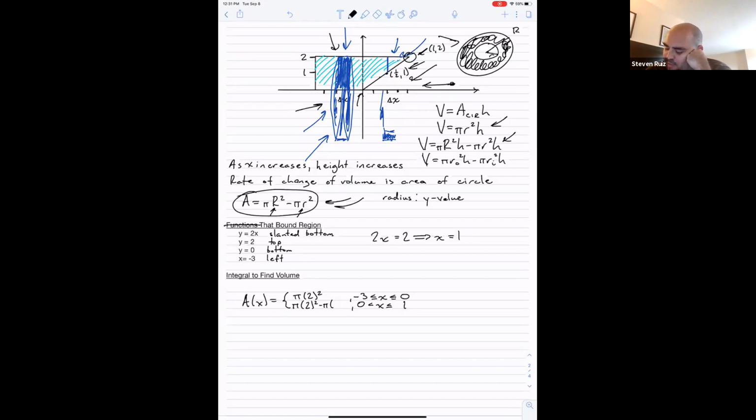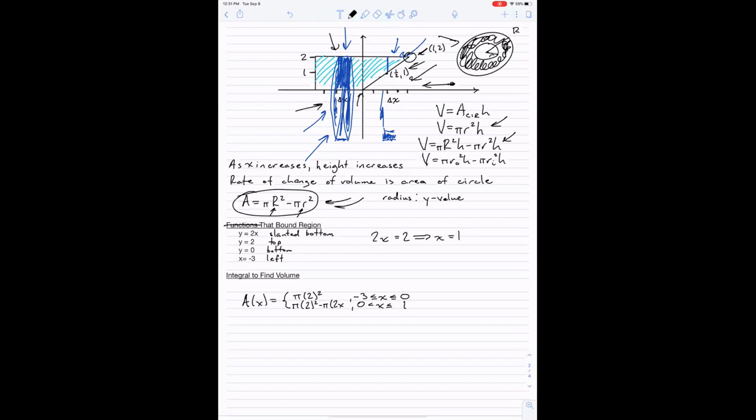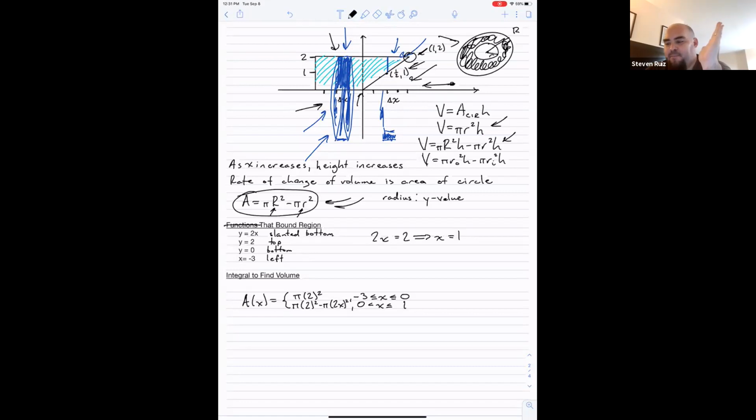And I see in the chat from Bang, it's going to be 2x. Given any x value on the right-hand side, I can find the inner radius by doubling it. 2x gives me that y value. This is the most important thing to find the volume. I have fully defined the rate of change function that I can use to find the volume.